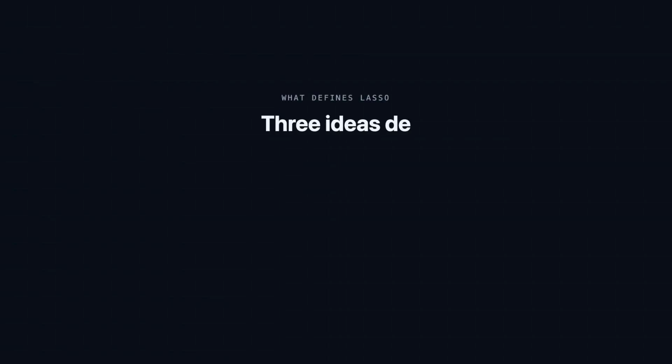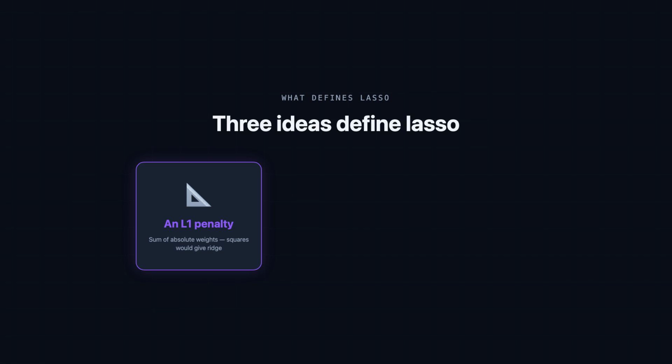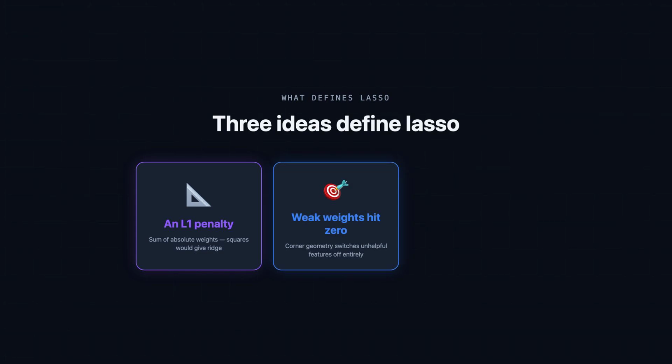Strip it all down, and 3 ideas define what Lasso really is. It is built on an L1 penalty, the sum of the absolute values of the coefficients. That absolute value, rather than square, is the whole reason Lasso behaves so differently from Ridge. It drives weak coefficients exactly to 0, rather than gently shrinking everything.